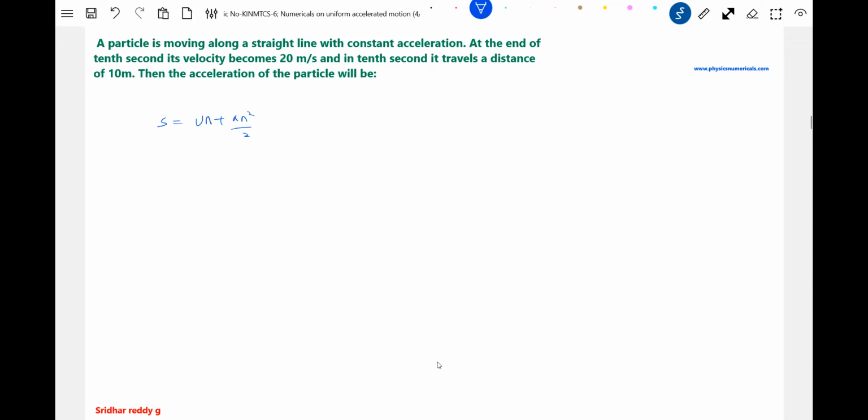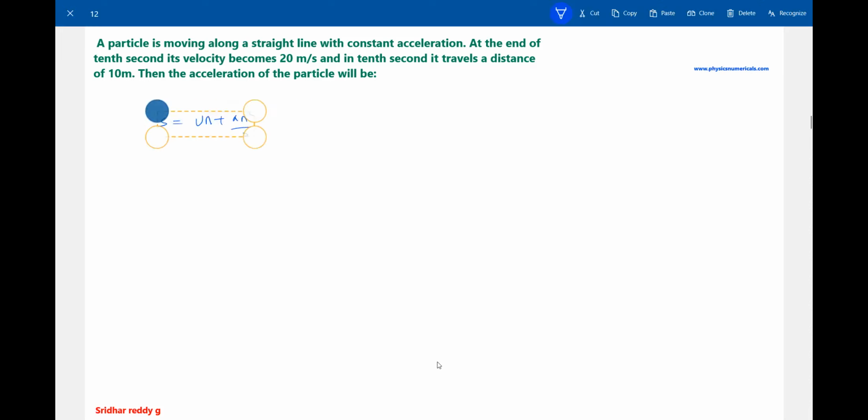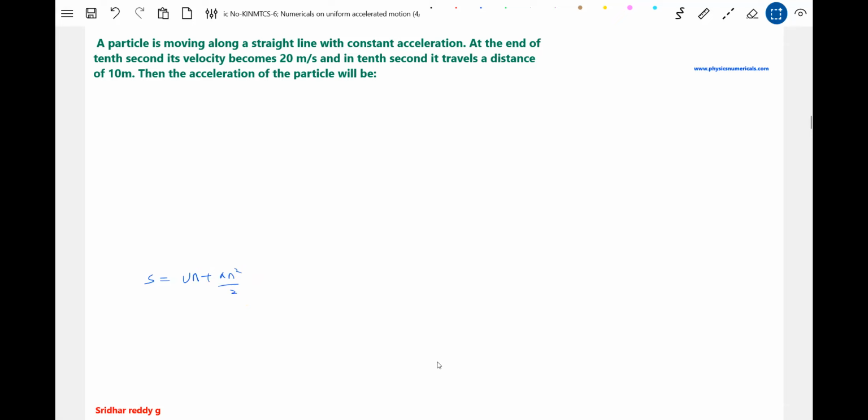A particle moving in a straight line with constant acceleration. Okay, I think I have to give a diagram. I'll come to this later on. Okay, this is the thing.